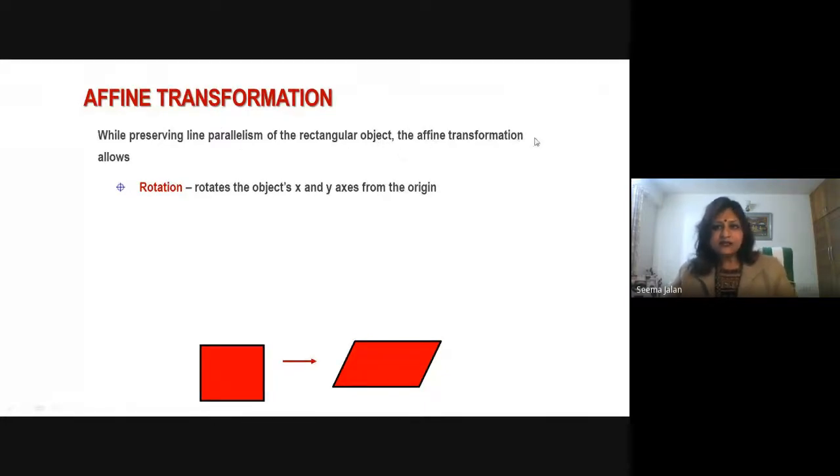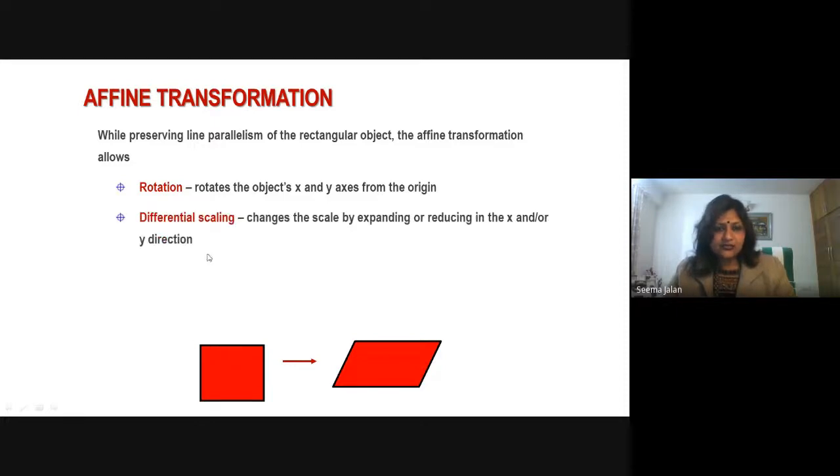The affine transformation allows rotation. This is your input and this is your output. After georeferencing, affine transformation allows you rotation. That means it gives you this coefficient, by what angle it has to be rotated, in what direction.